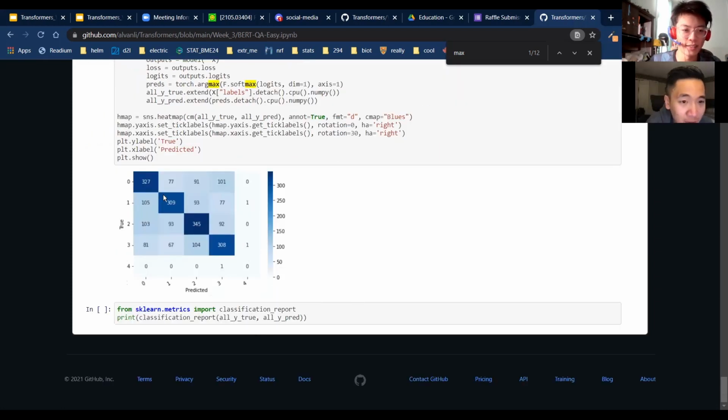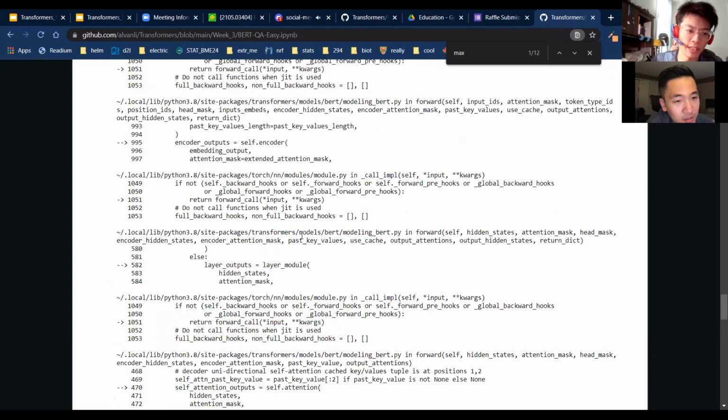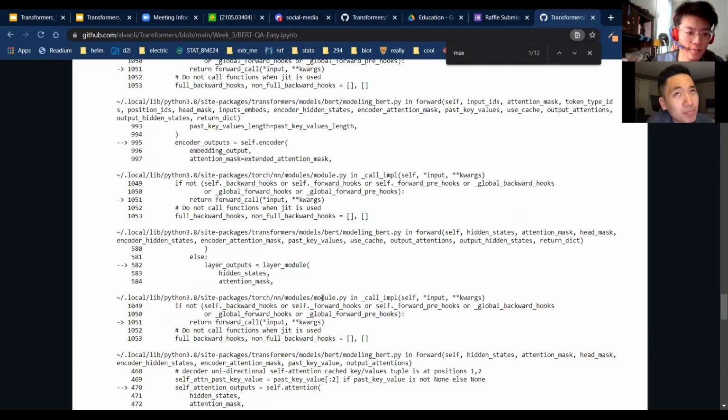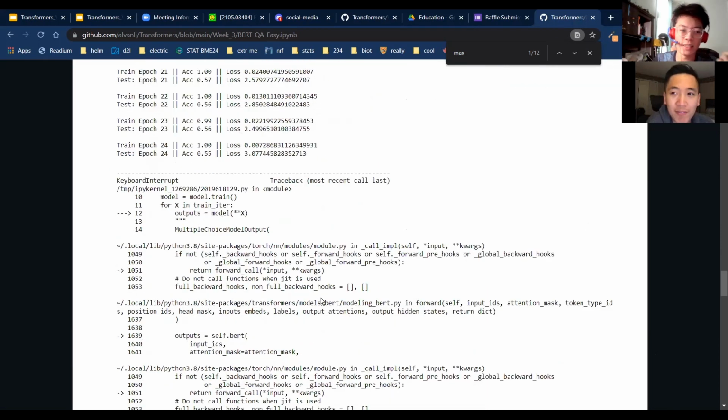Is this the validation set or the test set? This is the test set. I did not train with the test set, so it's data it hasn't seen before. What's the correct rate? Around 50%. Yeah, it's better than random guessing, but still not optimal. Interesting.